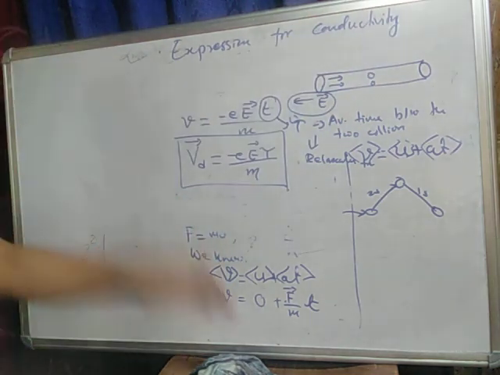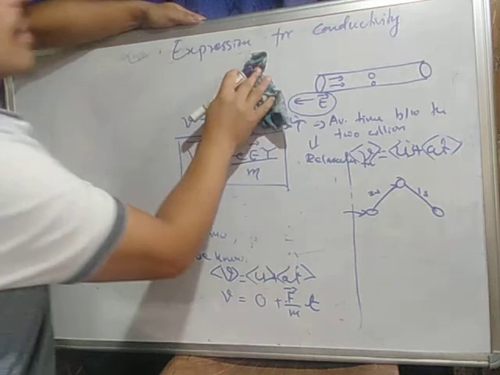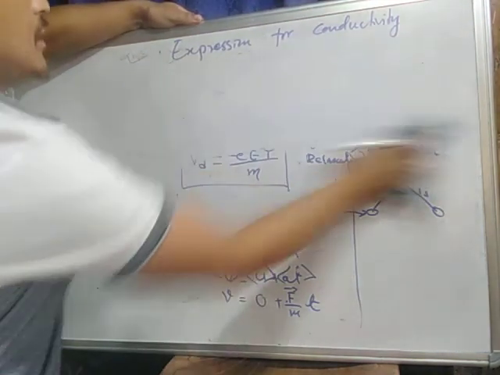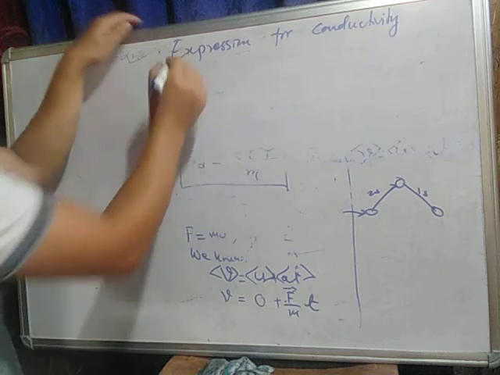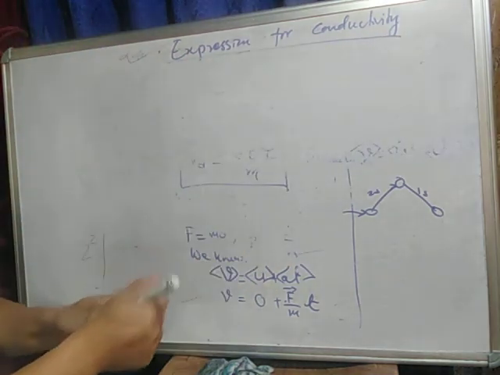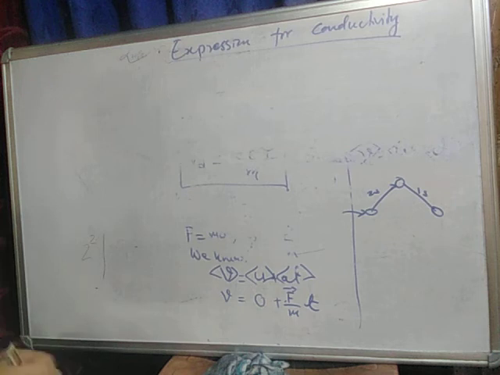See why a conductor conducts? Because there are free electrons, we know, isn't it? Yes or no? Inside a conductor there are free electrons. Clear? So to derive the expression of conductivity, write down the let or suppose part. You have to declare what you're going to find.